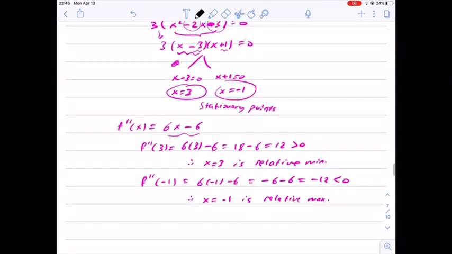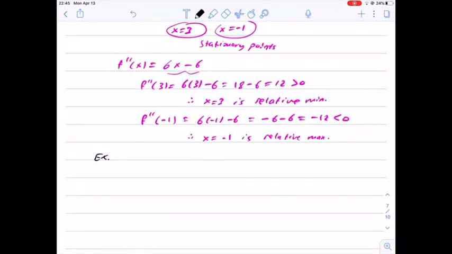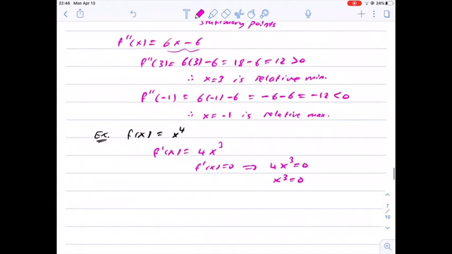Now let's take the last example in our lecture. If we are given f of x equals x to the fourth, here we find the first derivative, which is 4x cubed, and set this equal to 0. That means 4x cubed equal to 0, and x cubed equal to 0 by dividing both sides by 4, and that means x equals 0. This is the stationary point.